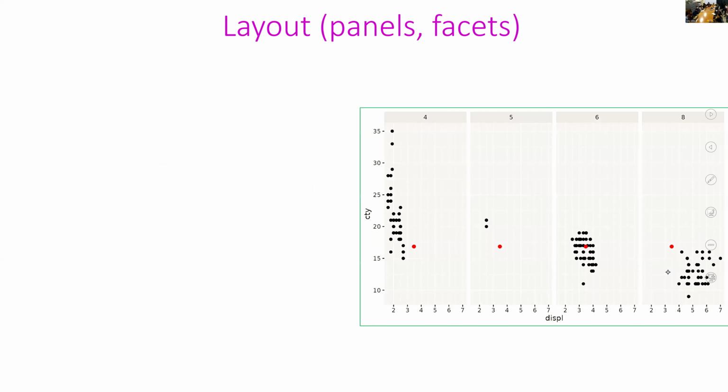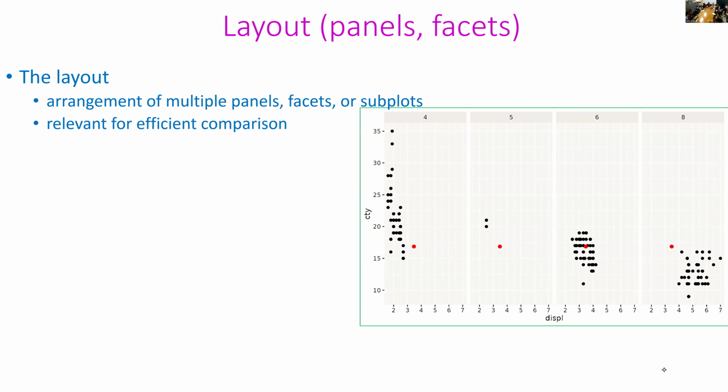So let's look at this. This is called a layout. These are called panels and facets of data. You can see here that on the x-axis is the displacement of the engines, and this is the mileage in the city. And these are four different types of engines, and the displacement could be from 2 liters to 7-liter engines.